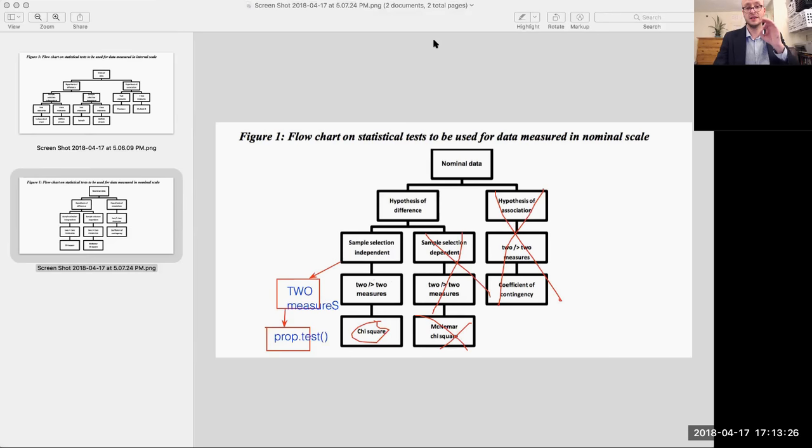And you could test those differences in terms of a difference between two groups. And if it's a difference in two groups, you do a t-test if it's income, and you do a proportion test if it deals with a percentage or proportion.